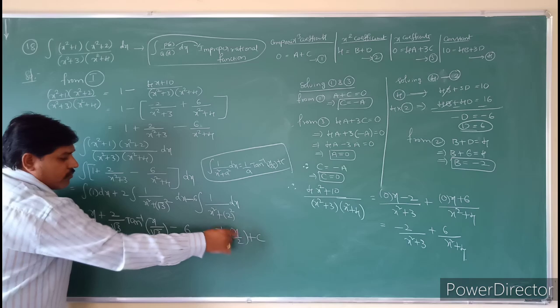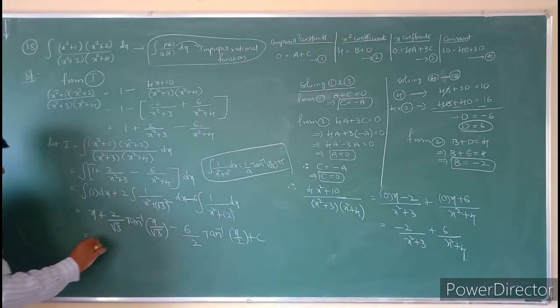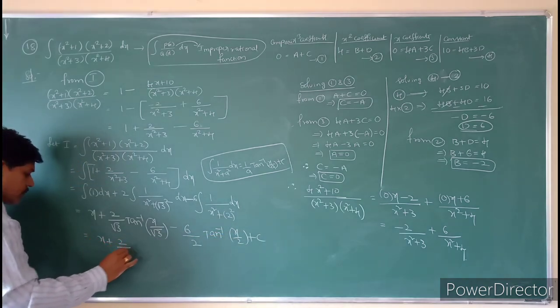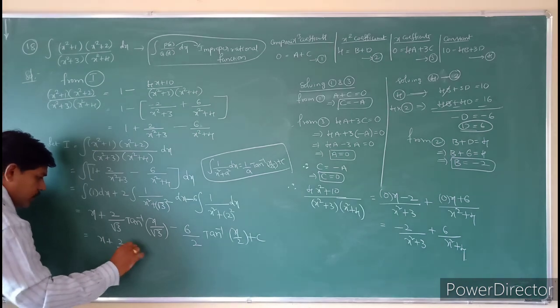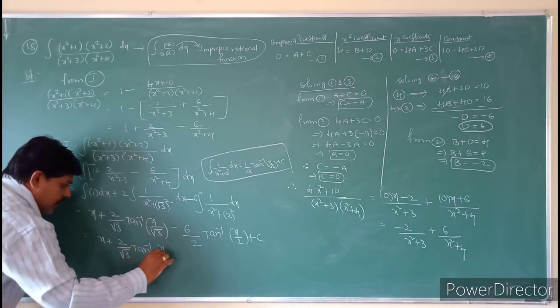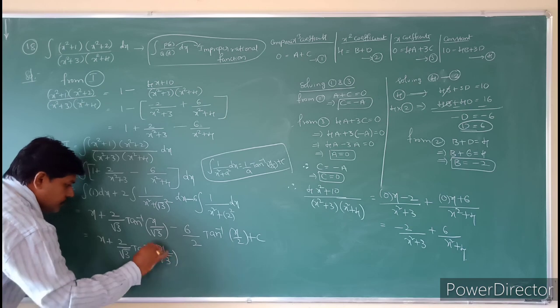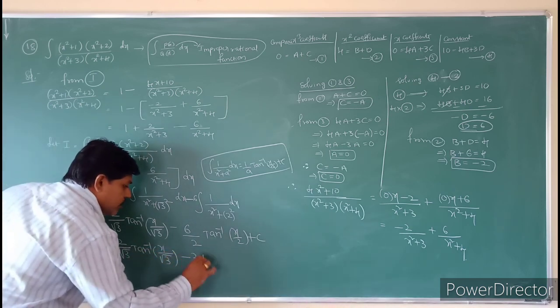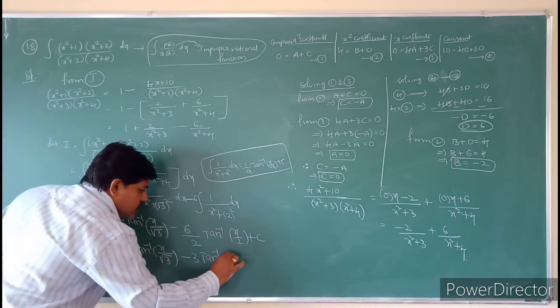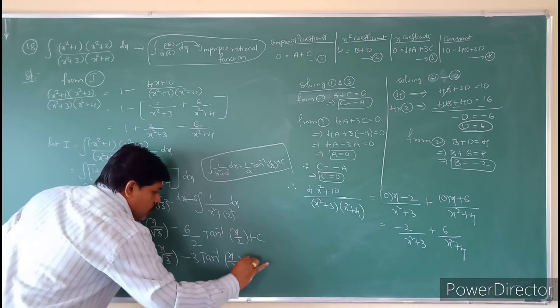So here, x plus 2 by root 3 into tan inverse of x by root 3 minus 3 into tan inverse of x by 2 plus c.